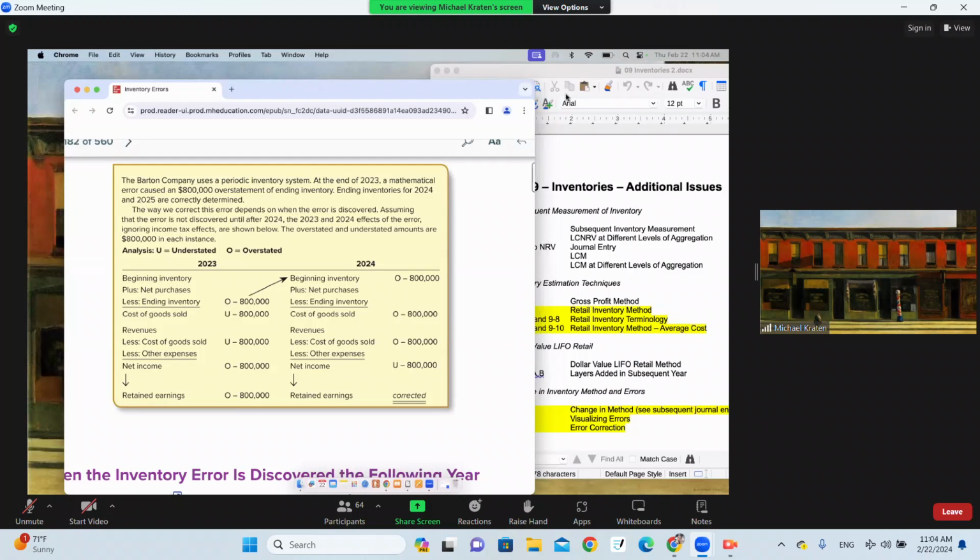So it's not so much that you're correcting errors, because the errors on an annual basis are still there. It's just that the misstatement to retained earnings is no longer there. Timing differences are something that you actually come across first in income taxes.